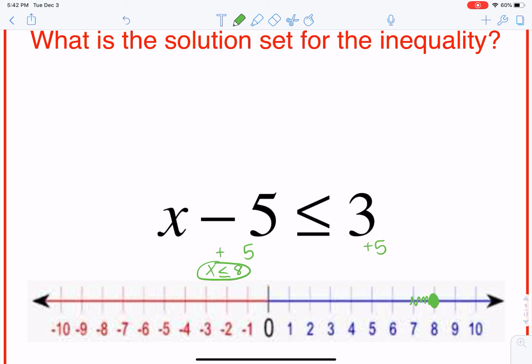So less than or equal will be all of these values down here. By adding the same number to both sides of this inequality, I was able to isolate my x value, and I figured out what the solution set was for this inequality.